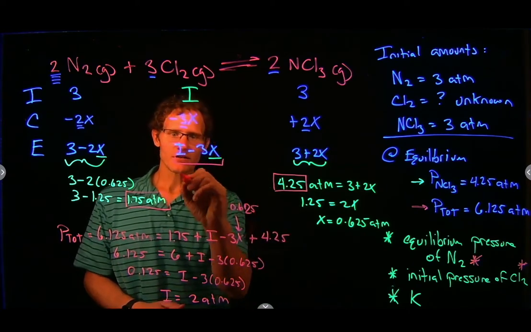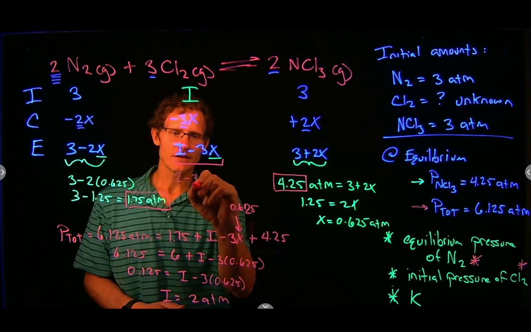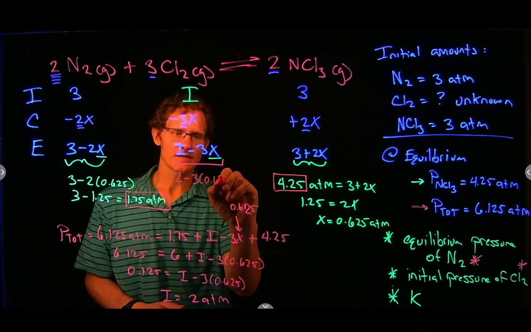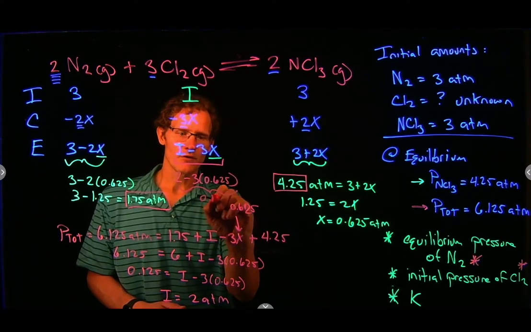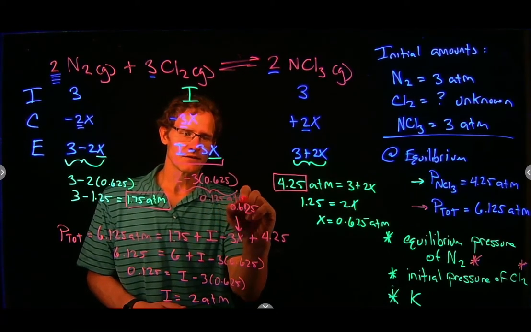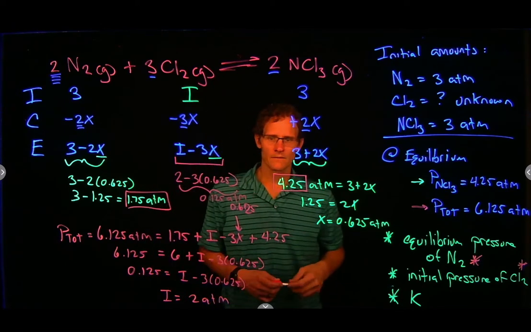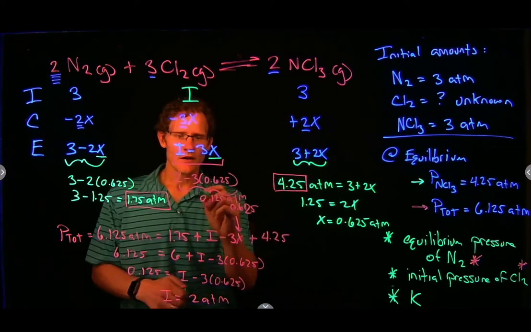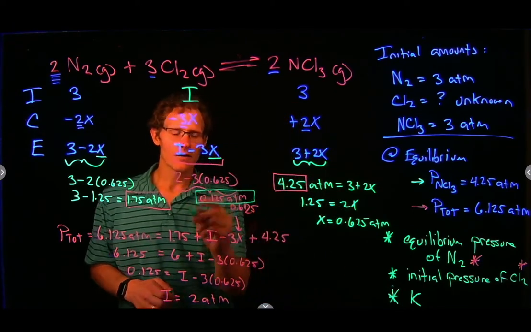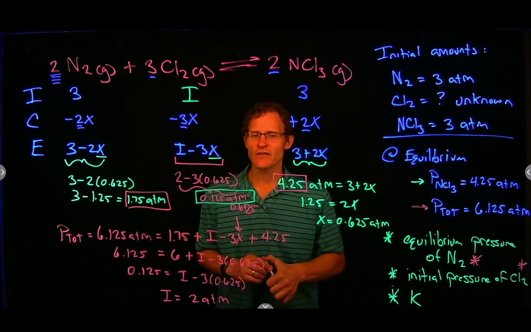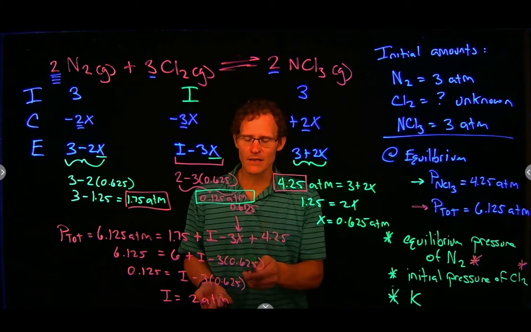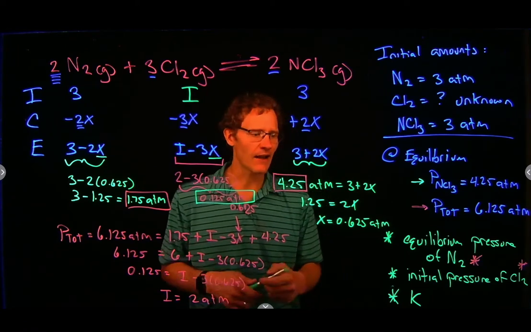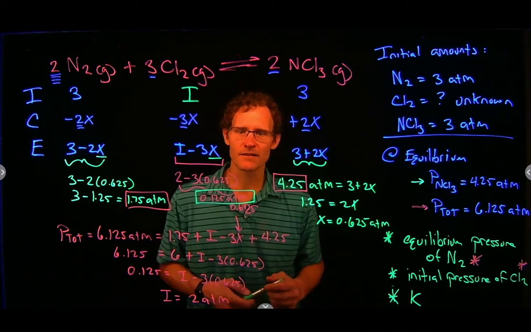We do our initial, 2 minus 3 times our x, which is 0.625. And this is equal to 0.125 atmospheres. Okay, so we now know the equilibrium pressures of everything we care about. And that's important because that then allows us to calculate our equilibrium constant.